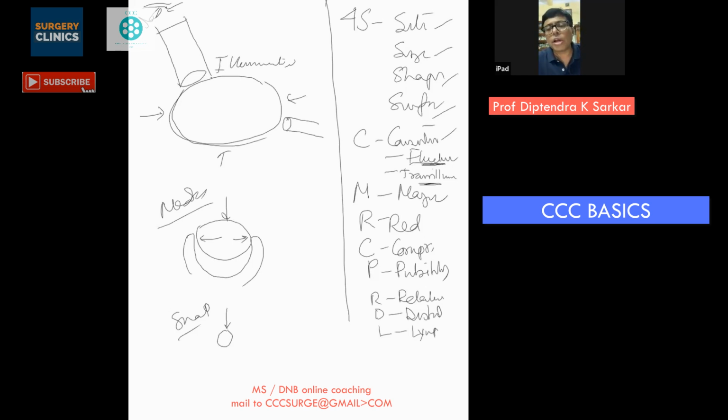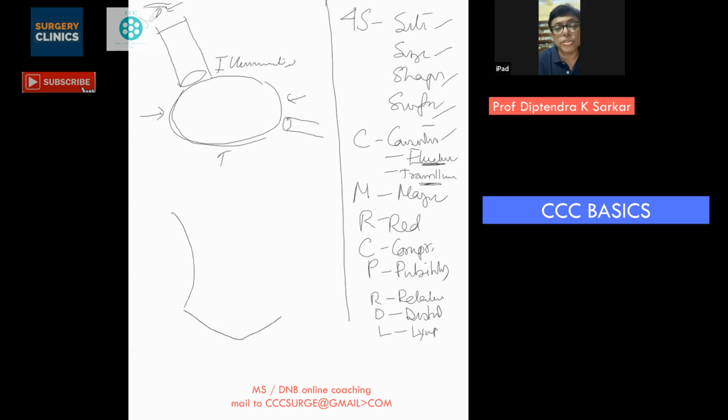Okay, now coming to the margin. When you are looking at a swelling, say in the abdomen, suppose I give you a swelling which is situated like that. And this is the umbilicus, this is the midline.